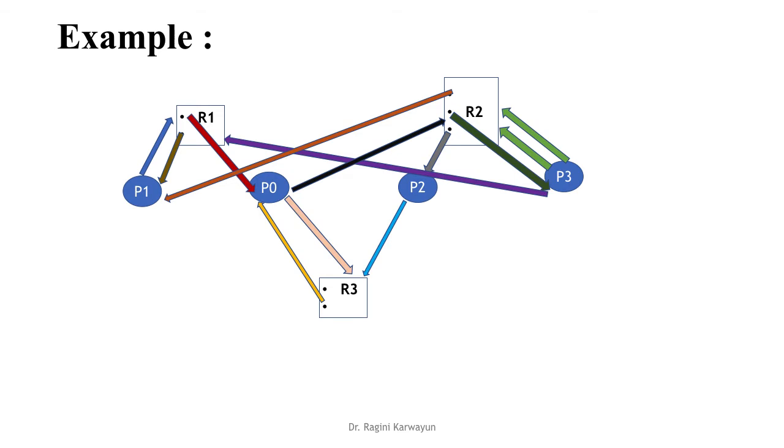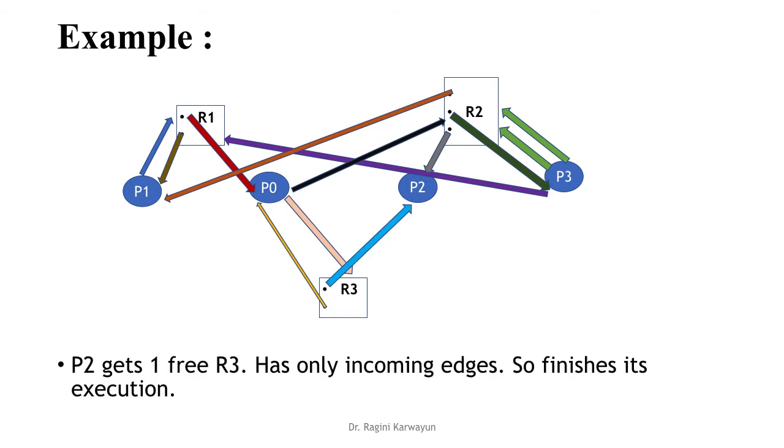But here P2 has one incoming edge and one outgoing edge. P2 is requesting one R3 and we have one R3 free. So what we can do is allocate this instance of R3 to P2. When we allocate this instance of R3 to P2, P2 has only two incoming edges and no outgoing edges. So P2 will finish its execution.